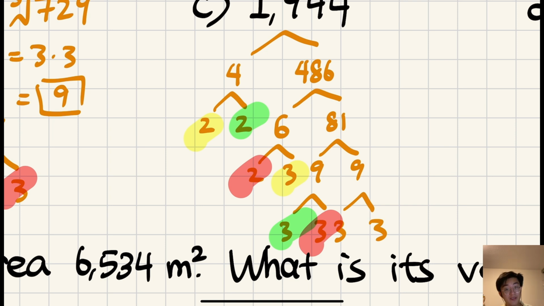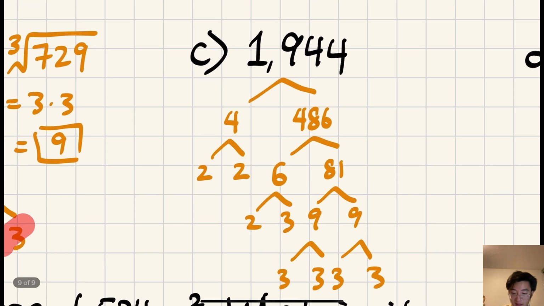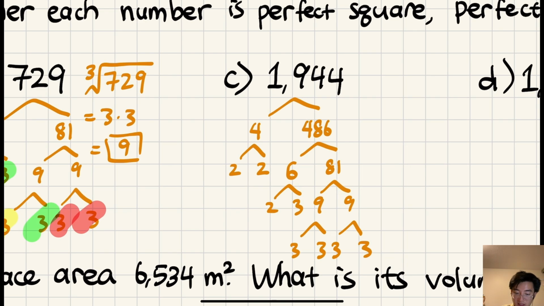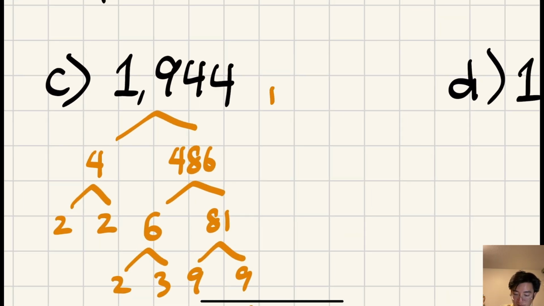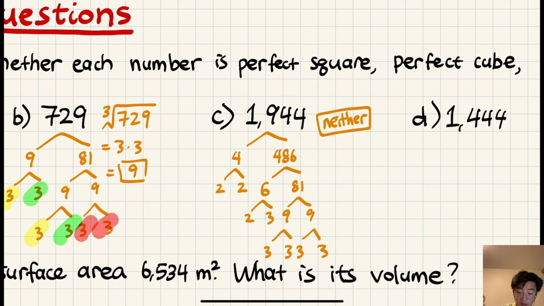We still have 2 3s left over. So all those prime factors together cannot be put into 3 different groups either, which means that 1944 is neither. It cannot be a perfect square or a perfect cube, unfortunately.